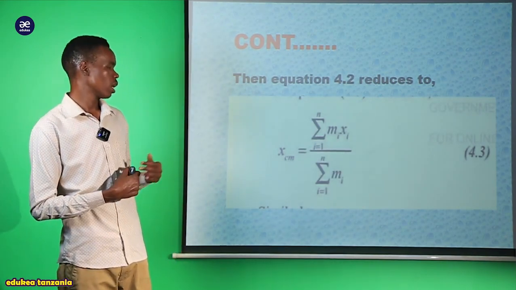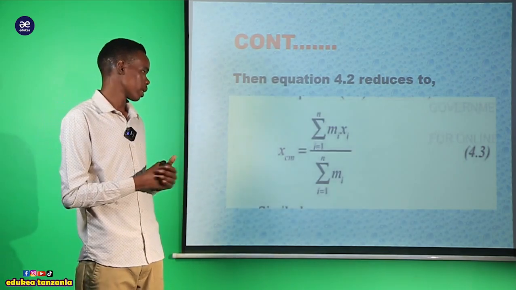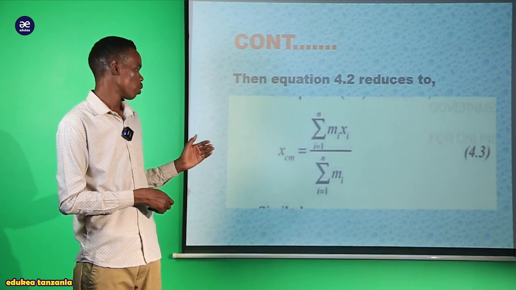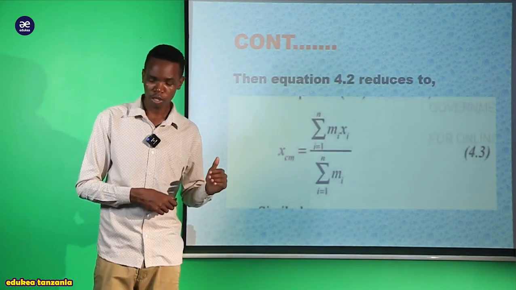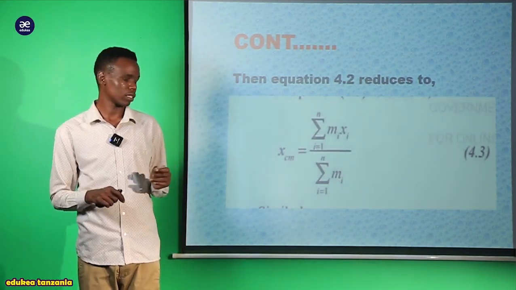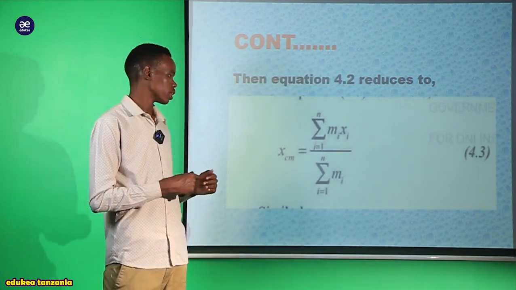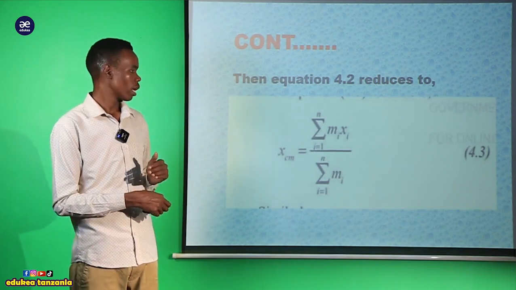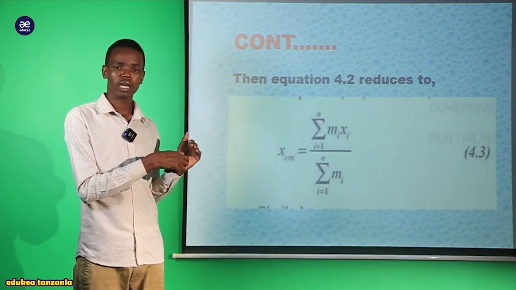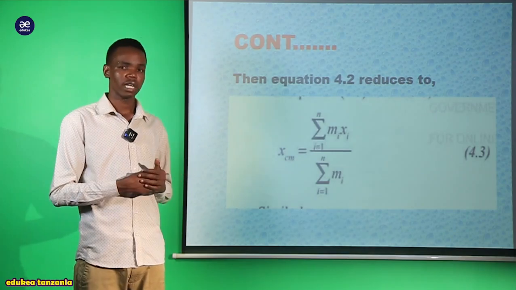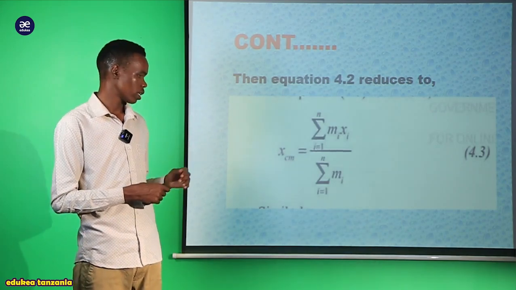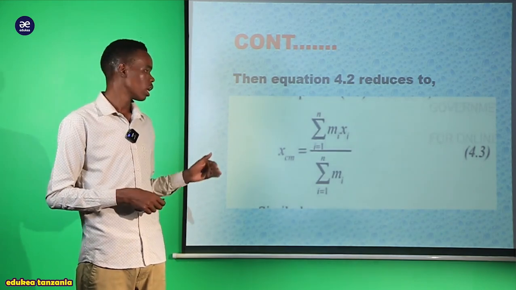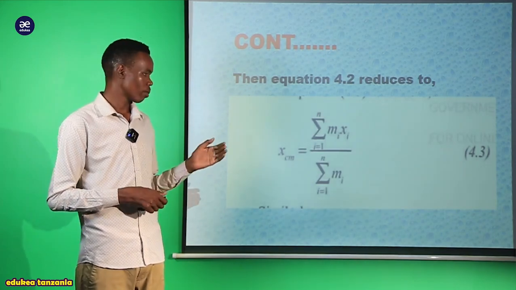Kwa hiyo equation tutaweza kureduce, mwisho wa siku tutapata hiki kitu hapa, kwamba kumbe huyu displacement along the x-axis must be equal to the summation from i equals 1 up to i equals n wa mass i times the xi divided by the summation from i equals 1 up to i equals n wa mass i.